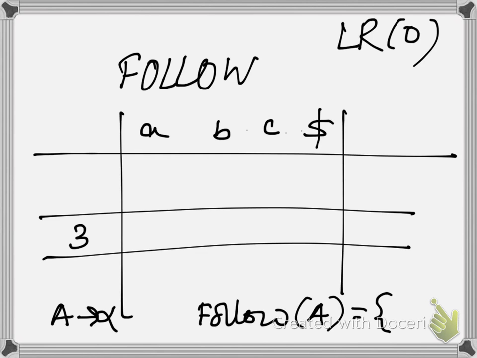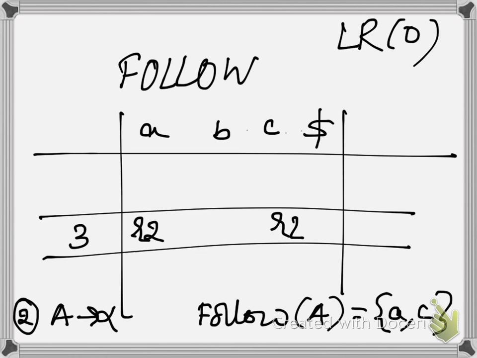Say we have three non-terminals A, B and C, and the follow of A contains a and c. Instead of writing the reduce R2, production number 2, in all the columns, we will write it only in these. So the chance of having reduce or shift-reduce conflicts becomes much lesser here.